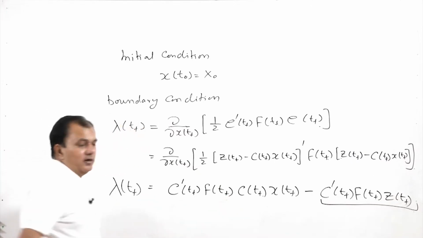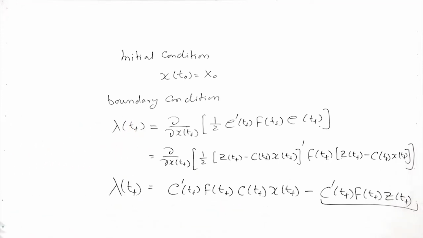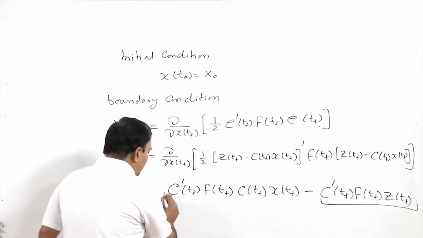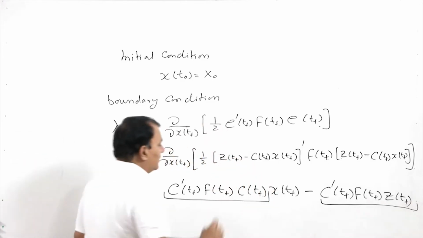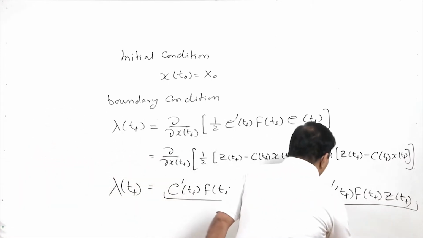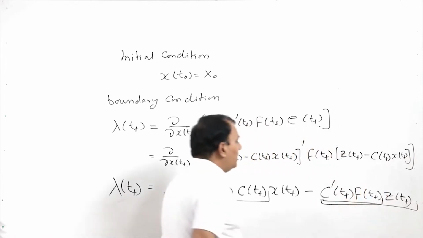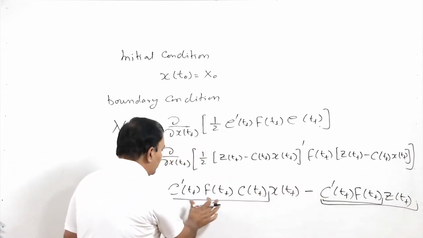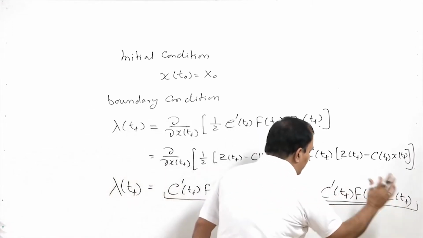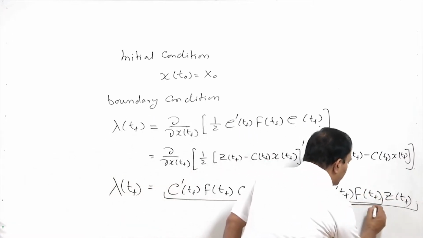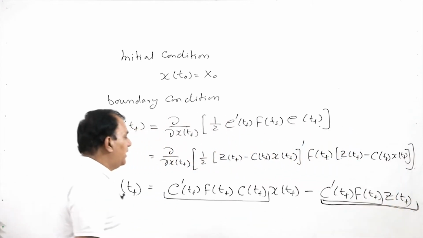So, by this intuition we can consider P x of T f minus Z T. This is representing a matrix at the T f point, and this is representing another matrix at the T f point. If multiplied with this Z T F, this whole term will be a vector.